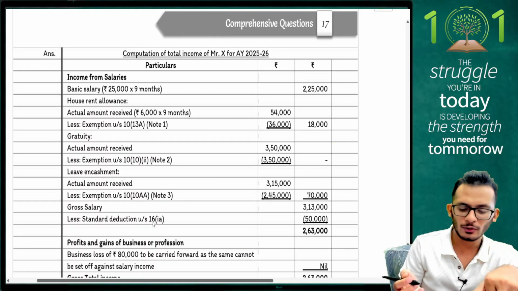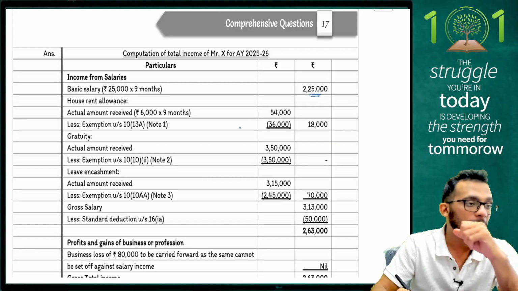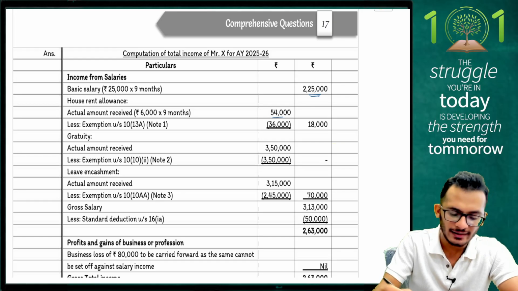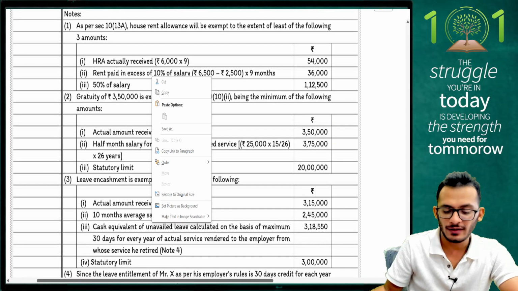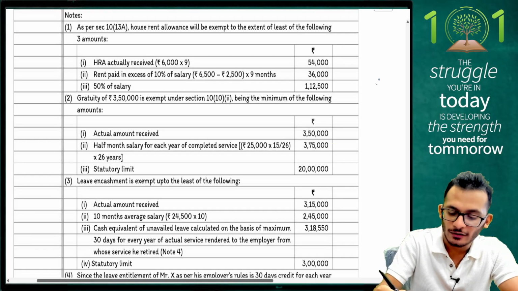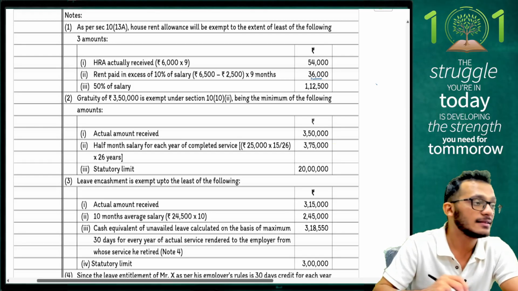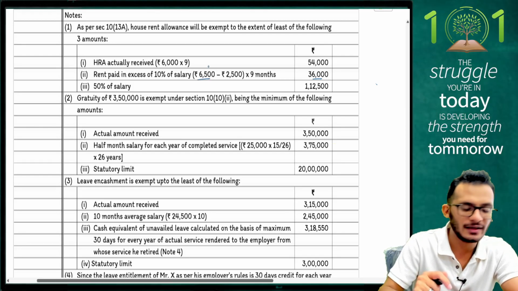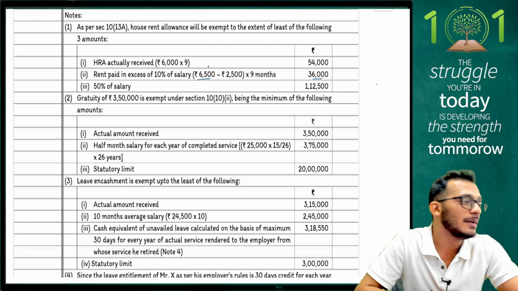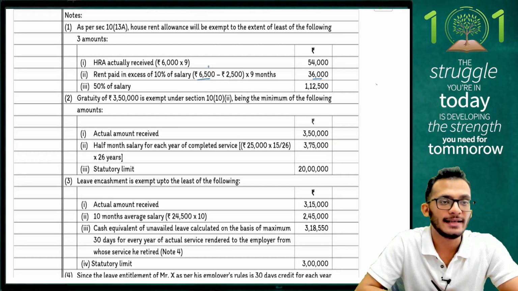So what is happening, people? I'm looking at a basic salary of 2,25,000. I'm getting HRA exemption for the least of the 3. First is actual HRA received, which is 54,000. Second is rent paid in excess of 10% of salary, which is 36,000, because rent paid was 6,500 per month, and 10% of salary will be 10% of basic salary because there was no DA.